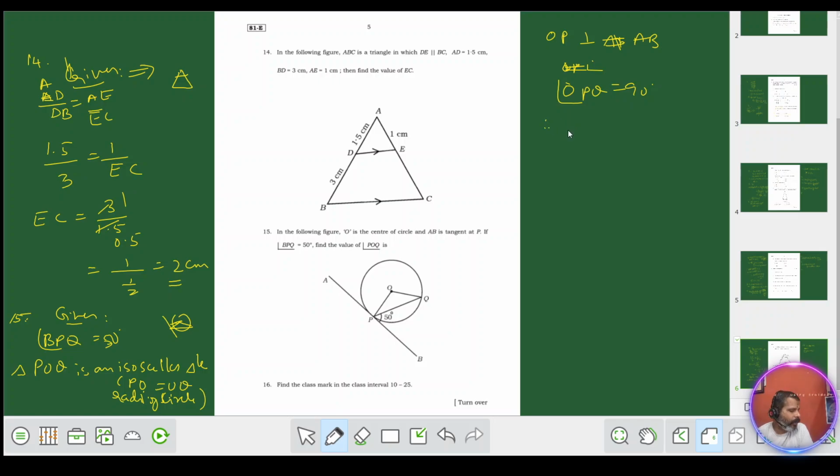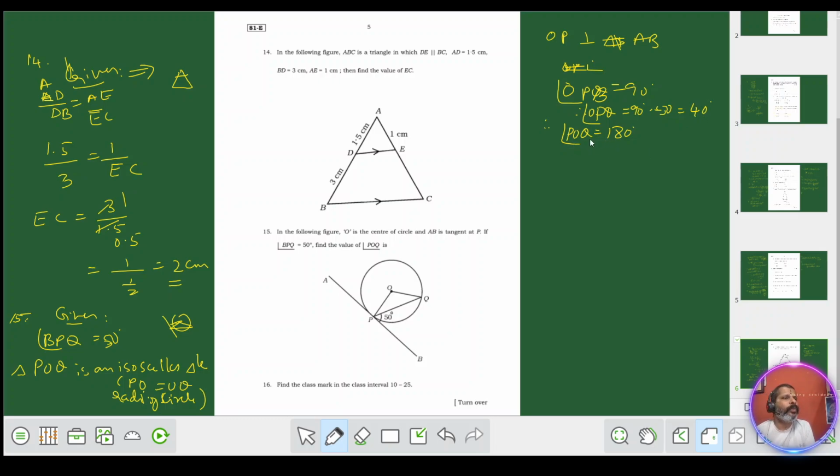OPB is 90. I'm sorry, OPB is 90. Therefore, OPQ is 90 minus 50, 40 degree.